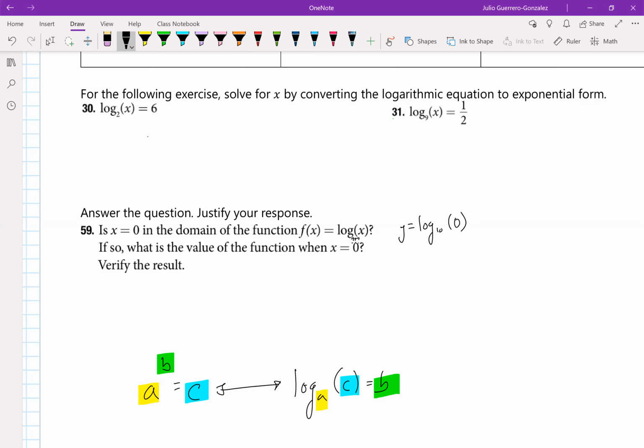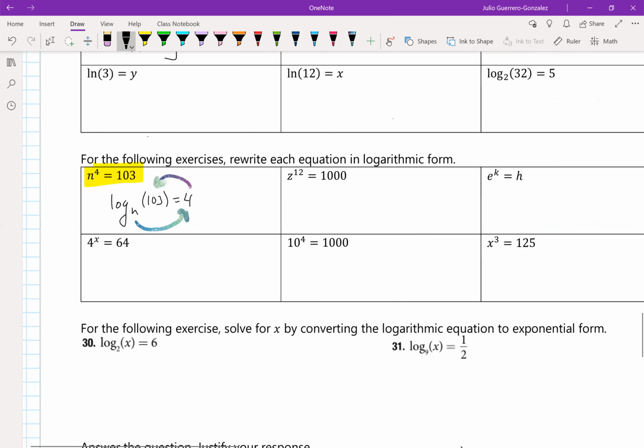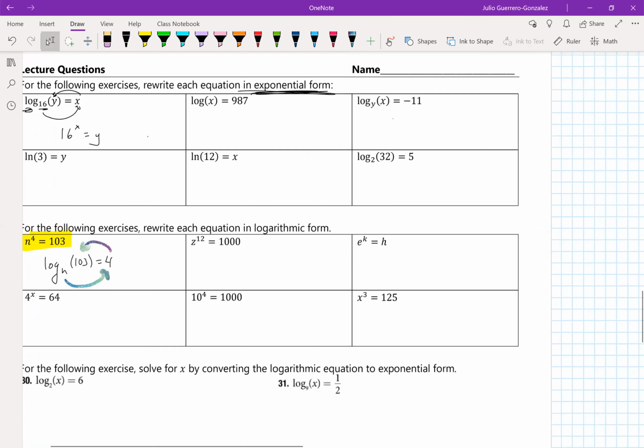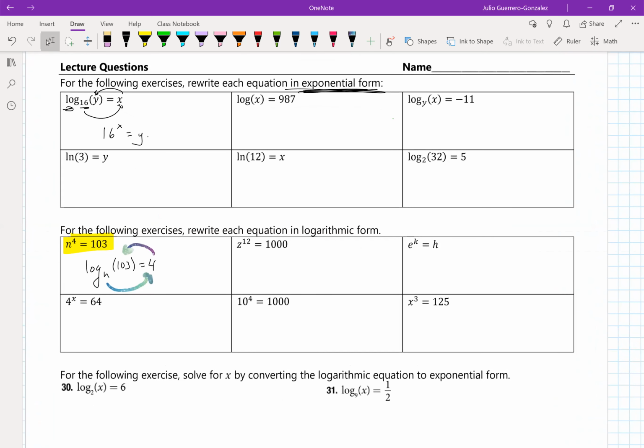All right. Any more questions on this stuff? 4.3? If you go all the way to the right on the lecture questions, it's the third one down on the right. For that one, would it be log E and then H equals K?